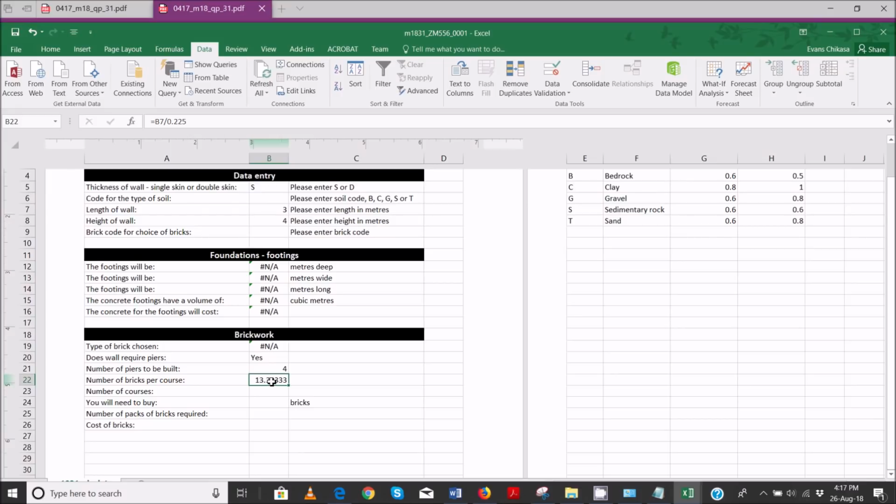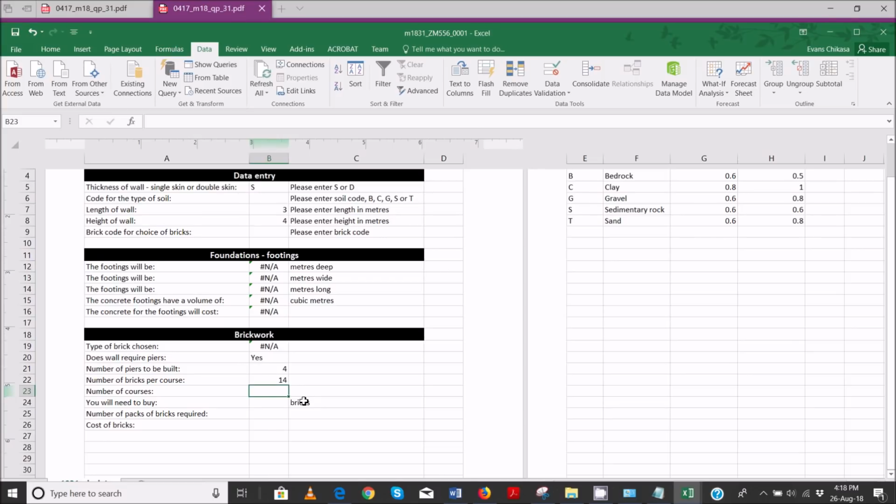You'd rather have excess bricks and meet the quantity on demand than have something that is lower. So here you're going to round up to 0 digits, and that gives you 14.